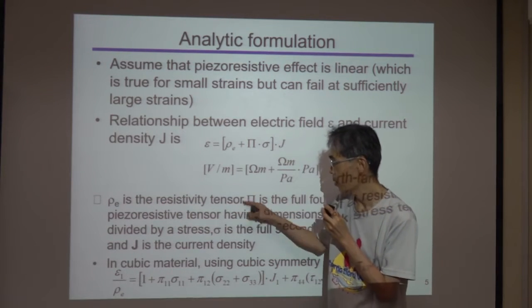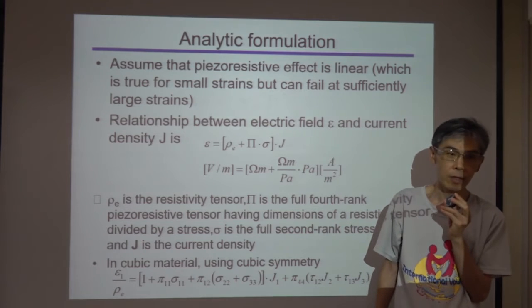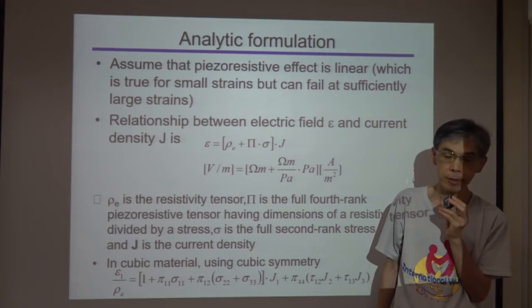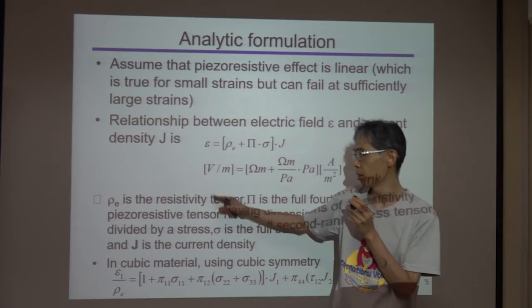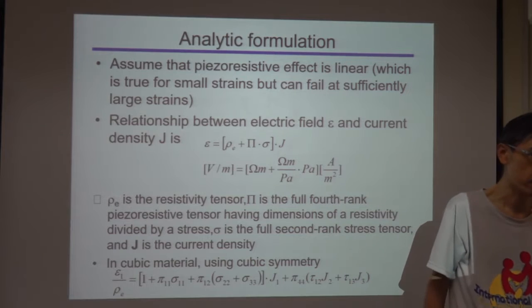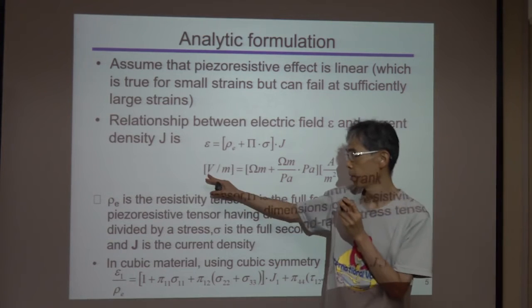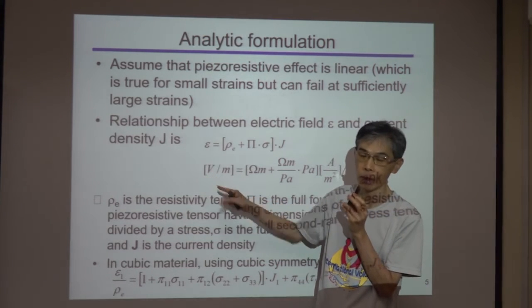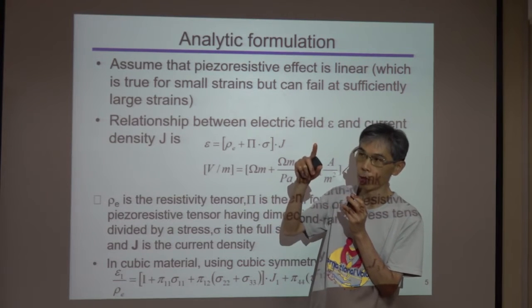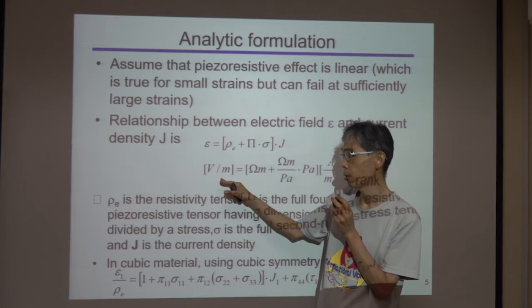We use a tensor. You can think of a tensor as a vector or matrix, because imagine we have x, y, z. We have 3 directions. Then the electric field in x direction, Ex, electric field in y direction, Ey, electric field in z direction, Ez.